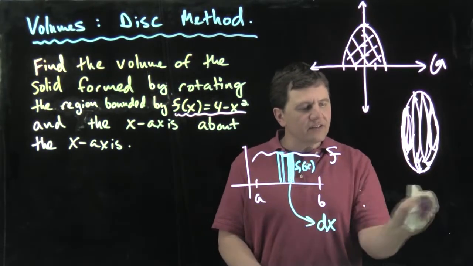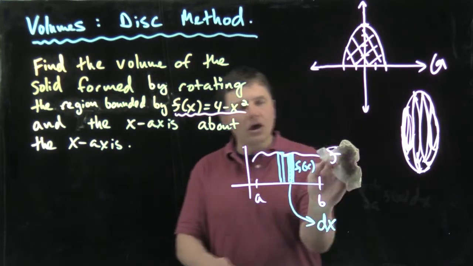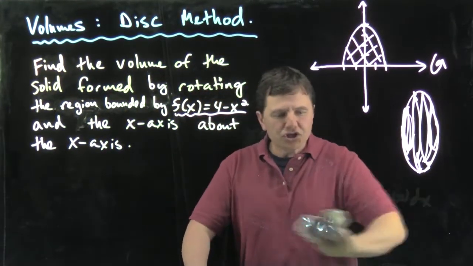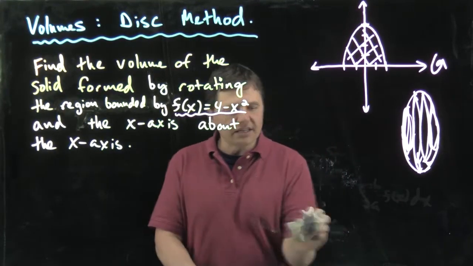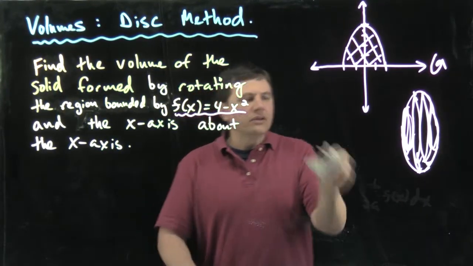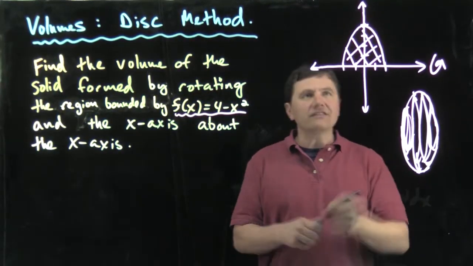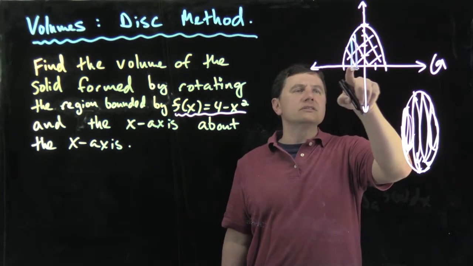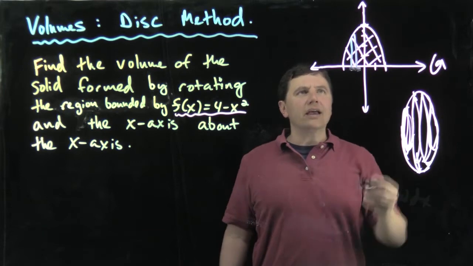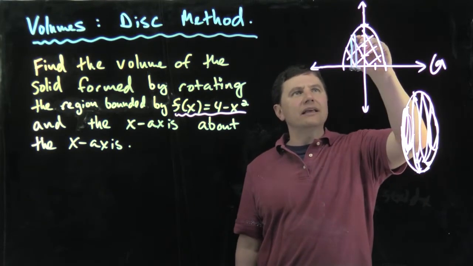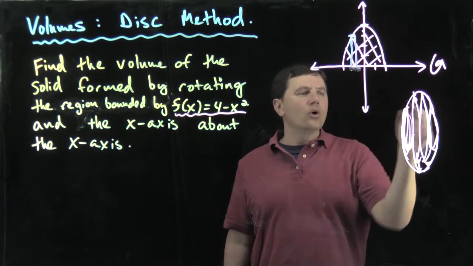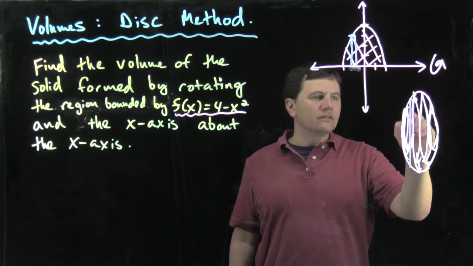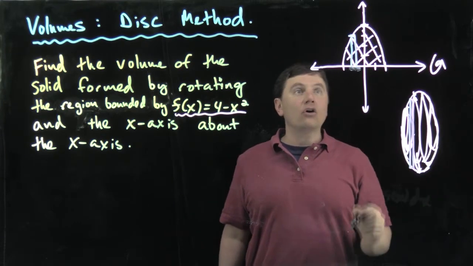So instead of slicing this up into an infinite number of rectangles, let's think about the shape that we're slicing this thing into. Okay, so if I slice this thing up, in 2 dimensions that ends up being a rectangle. But if I rotate that about the x-axis, what I'm actually getting is what they call a disk.